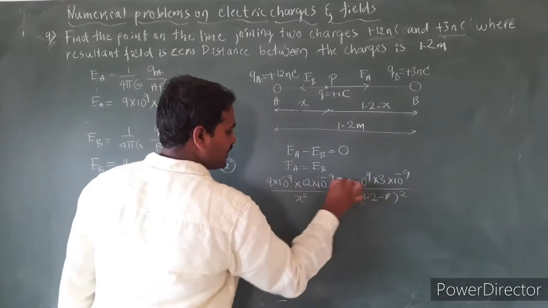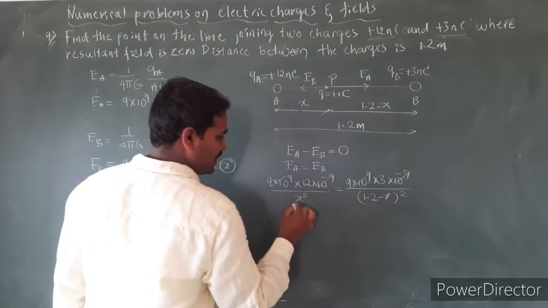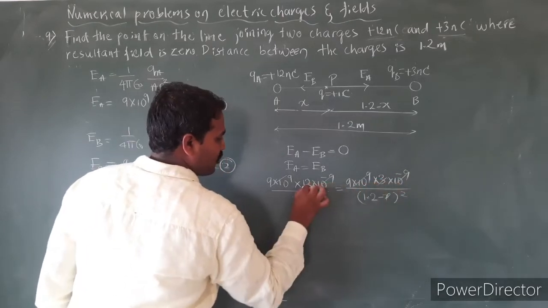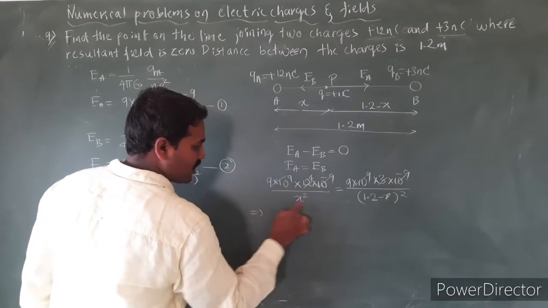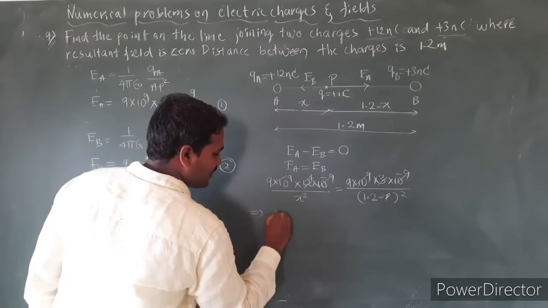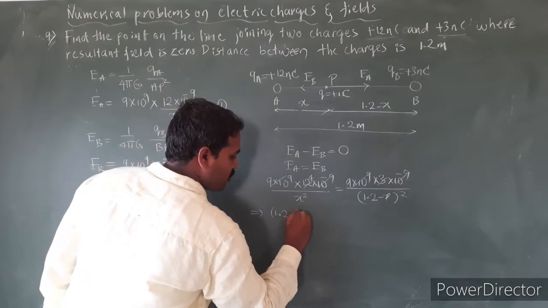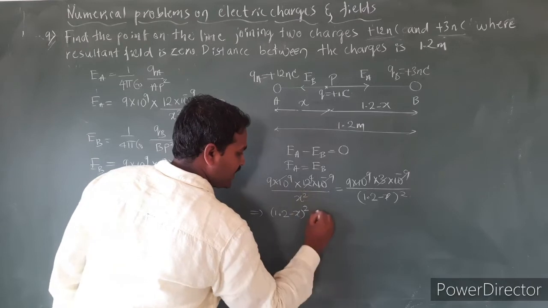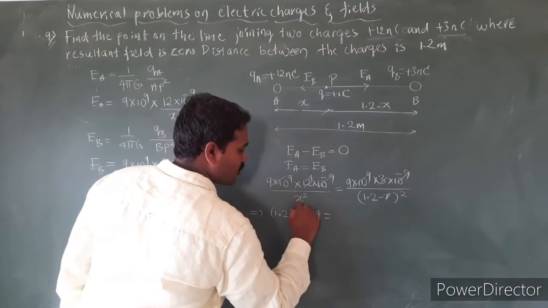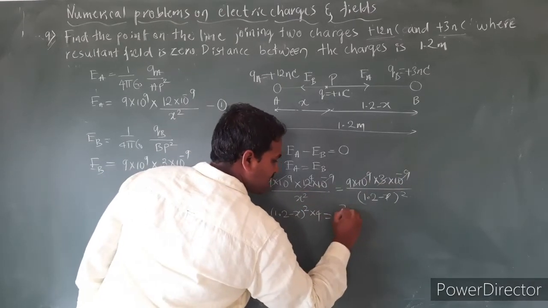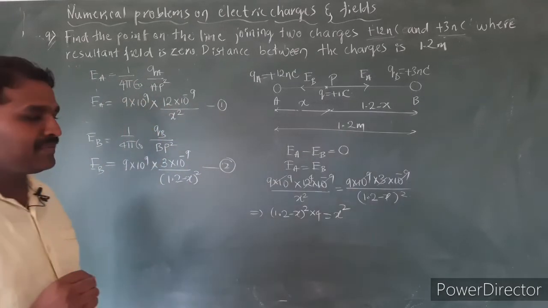These two get cancelled, 10 raised to minus 9 also cancels. Here I will get 4, and by simplifying, I take this to the left side. I can write it as 1.2 minus x whole square into 4 is equal to x square. X square I take to the RHS. So this is what I remain with.